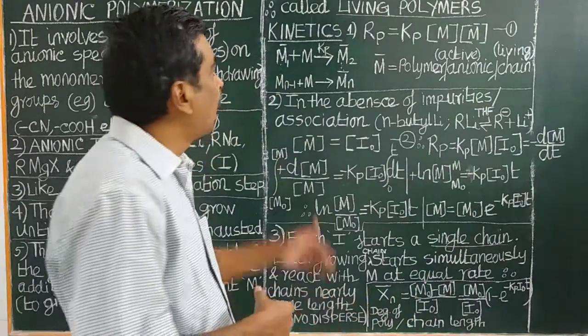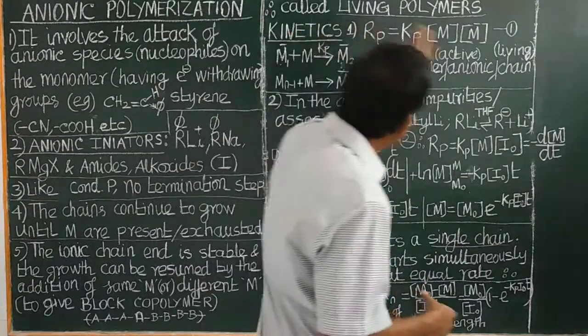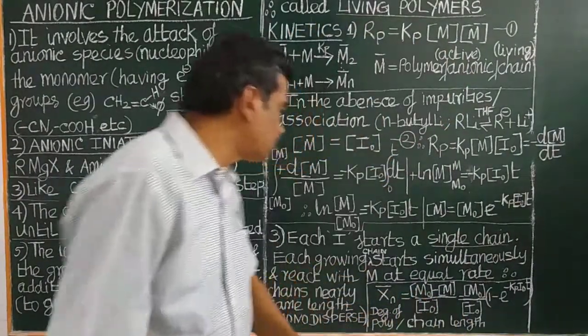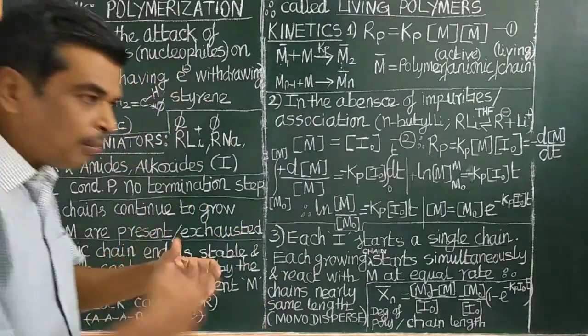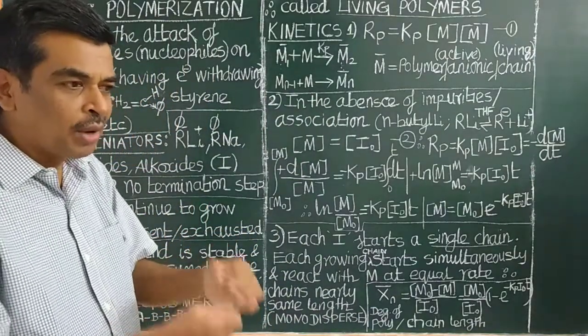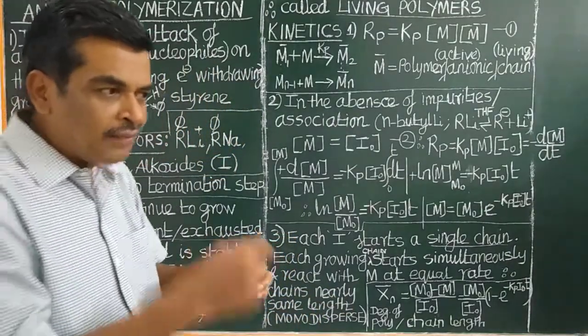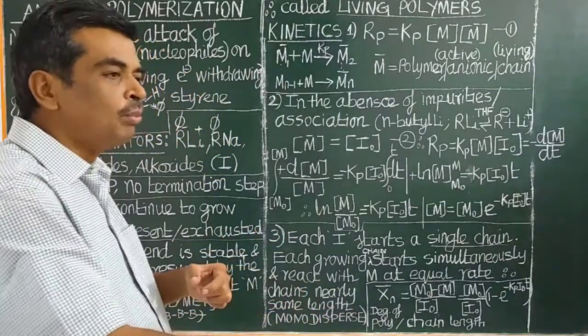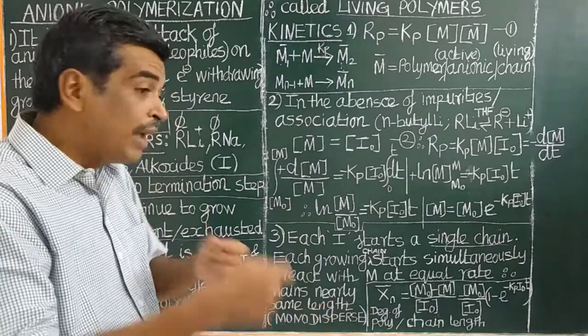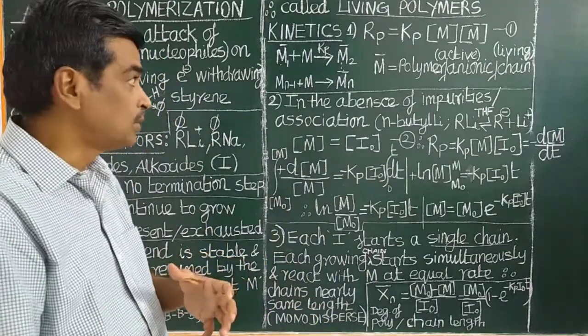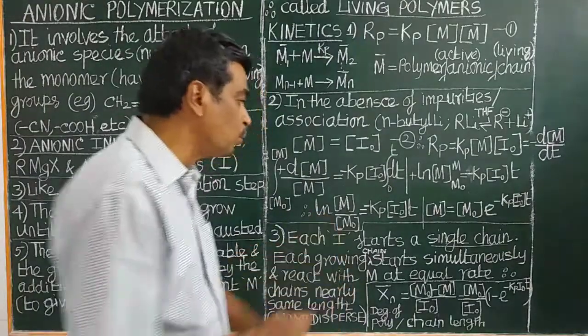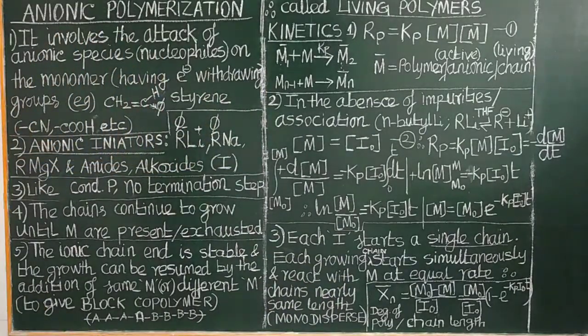They are called anionic polymers, living polymers, or monodisperse polymers. That is, for monodispersity, the number average molecular mass is equal to the weight average molar mass. We have already studied this in part 1 of polymer chemistry.